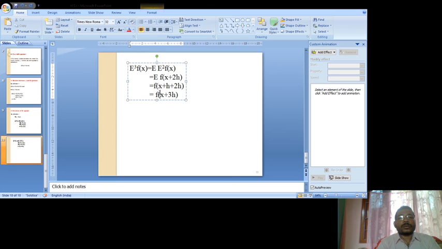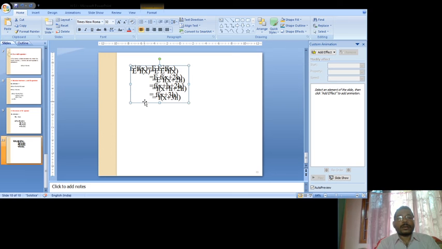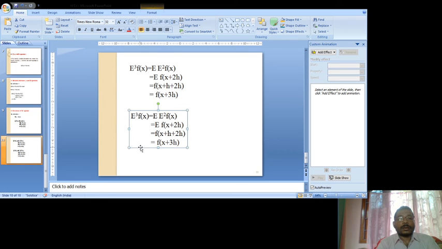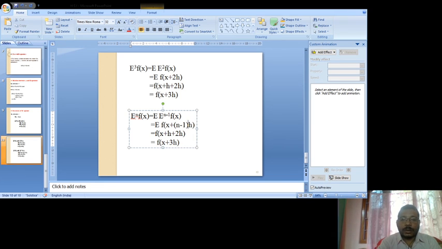Now take another one, suppose it is n. In this case we can write n minus 1, that is n minus 1 h.